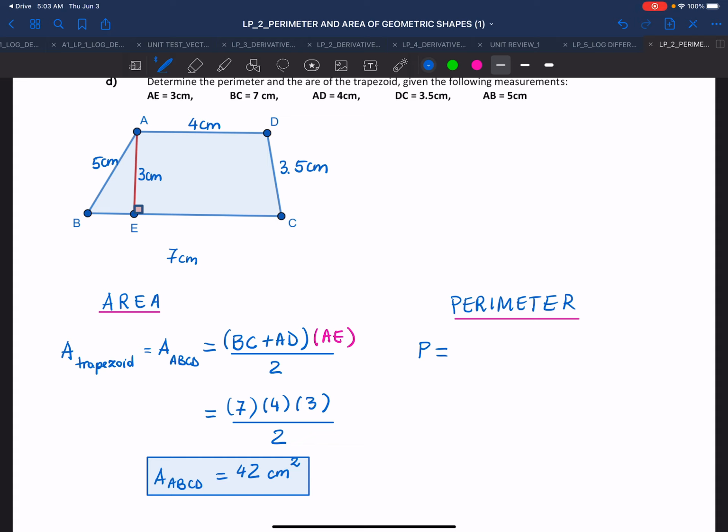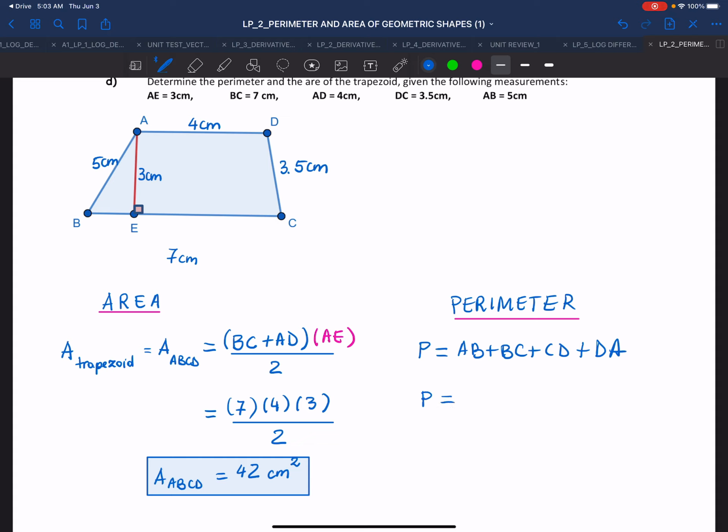So without having to write a formal formula. But since we're explaining things, why not? So that would be AD plus DC plus CB plus AB. Or you can add them as AB plus BC plus CD plus DA if we want to go in alphabetical order.